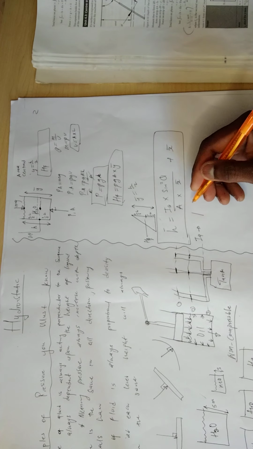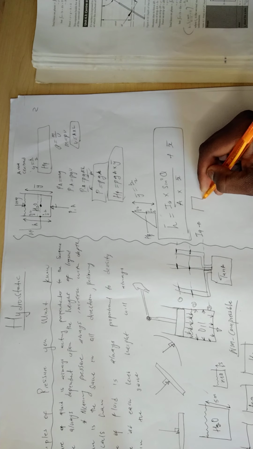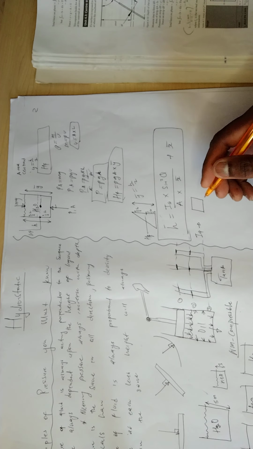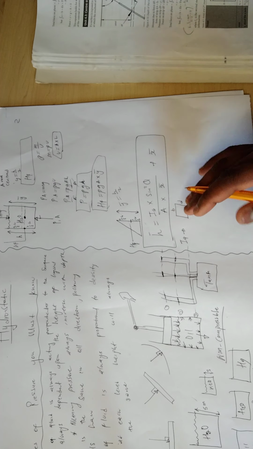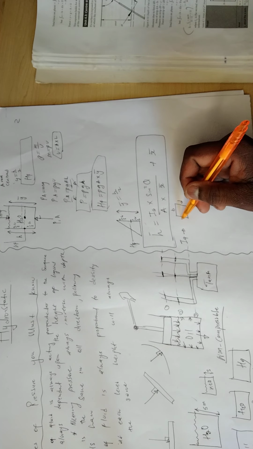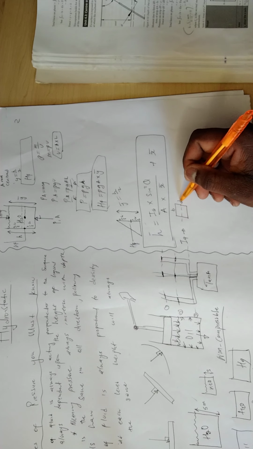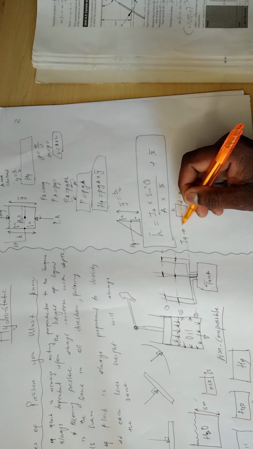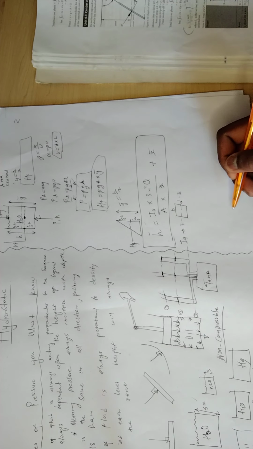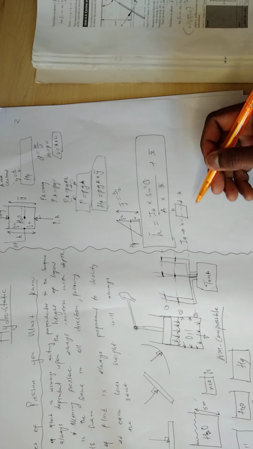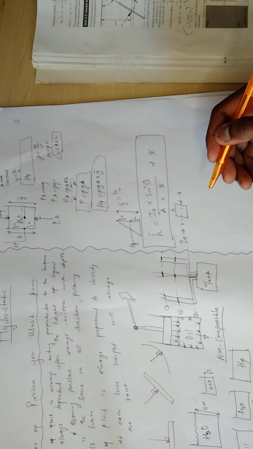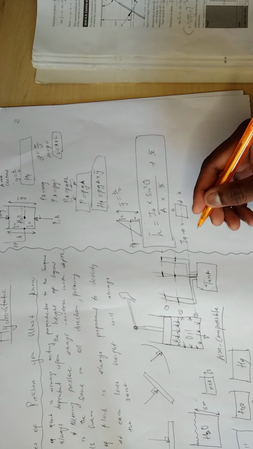If you are given something like a square or a triangle, you're going to be given b and d. So your x bar will be here. This is going to be your x bar. So we know if we have an x bar, this is Strength 5, right? If you did Strength 5, you will know what I'm talking about.